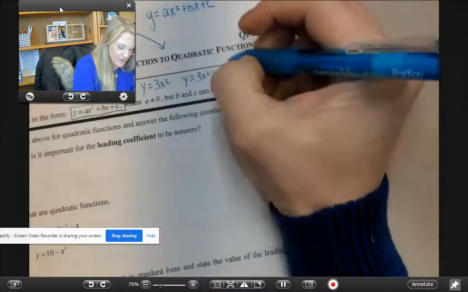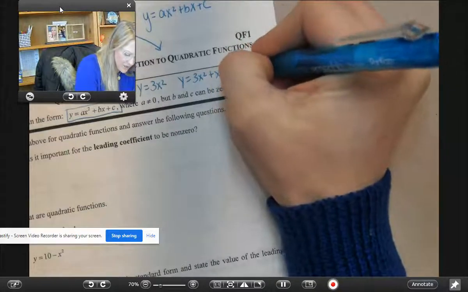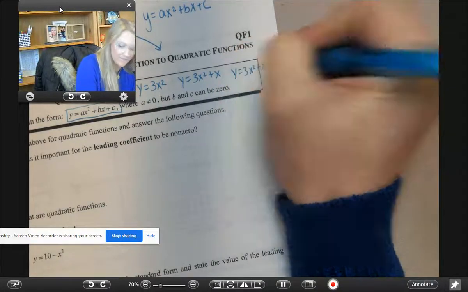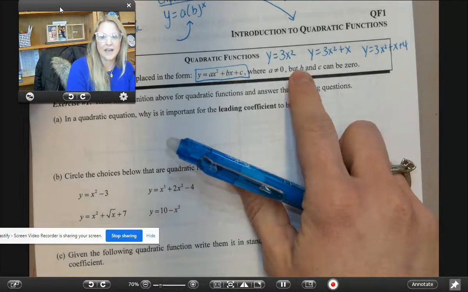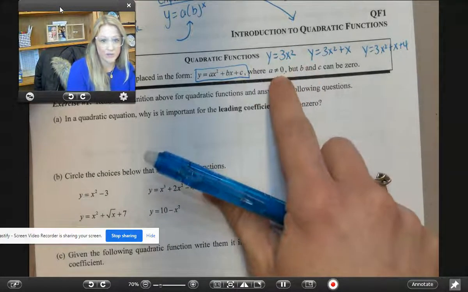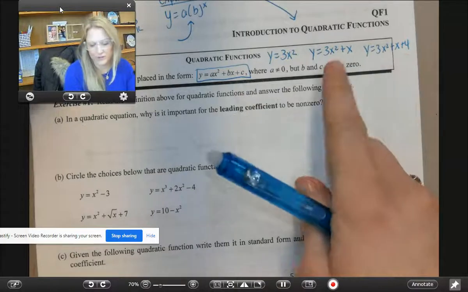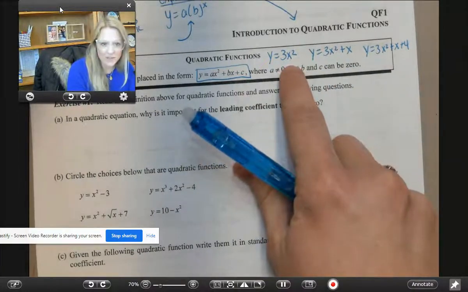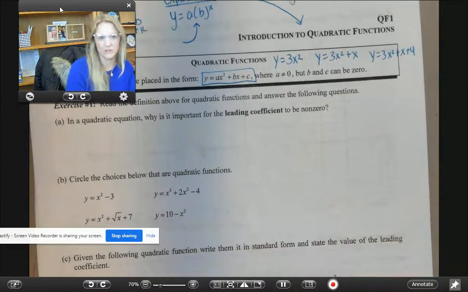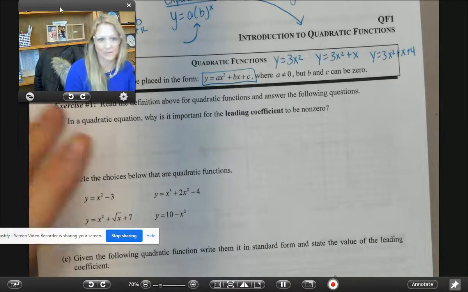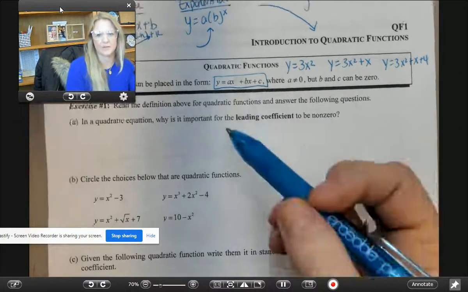And it could be y equals 3x squared plus an x plus a 4. But it can't be anything that doesn't have a squared, or else it would be a line or an exponential function or something different. So it has to have a squared, and it can have other terms as well, but they have to be of lower power. You can't have cubed, you can't have fourths. We'll talk about that in a minute as well.